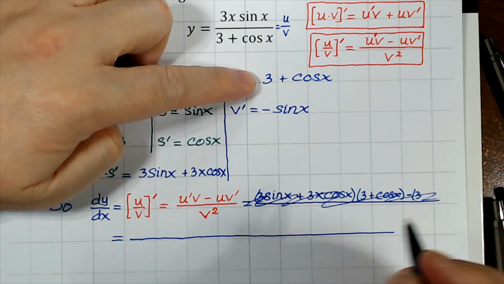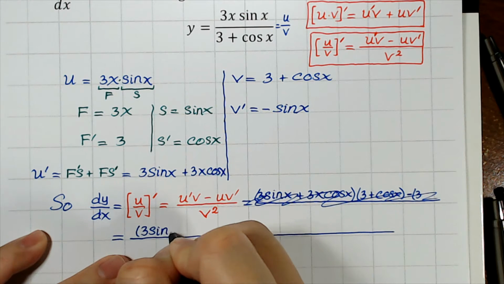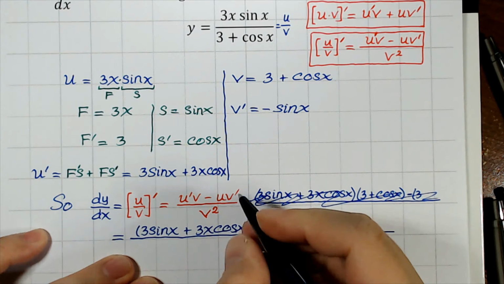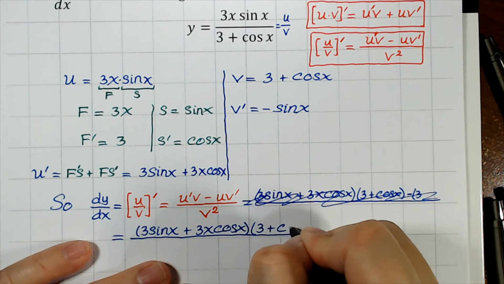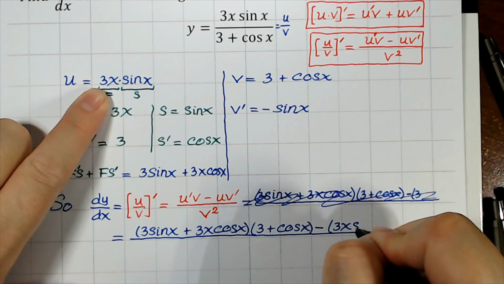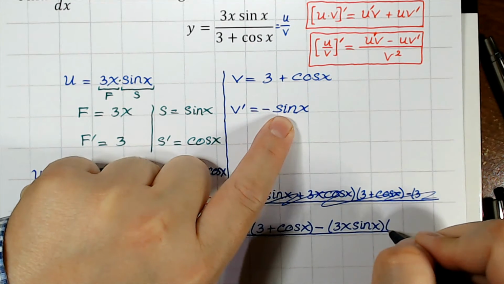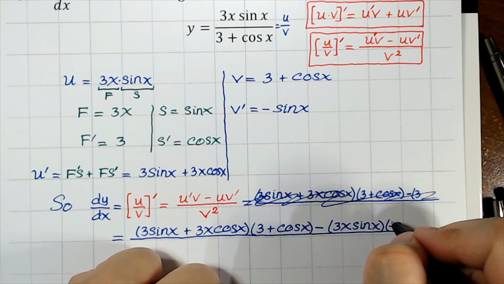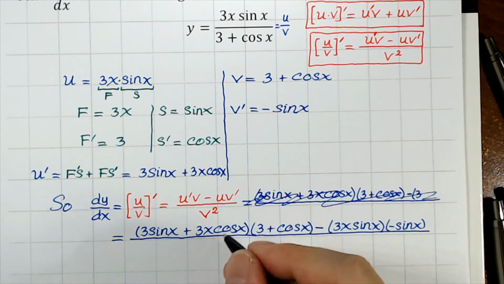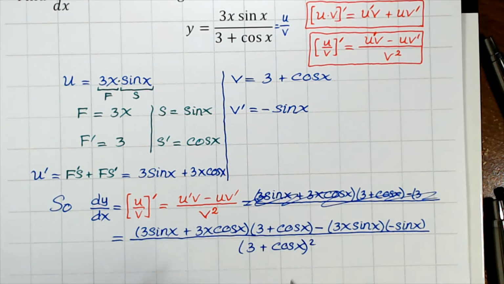Again, u prime v minus u v prime, all of that over v squared, 3 plus cosine x, that is v, and then we square that.